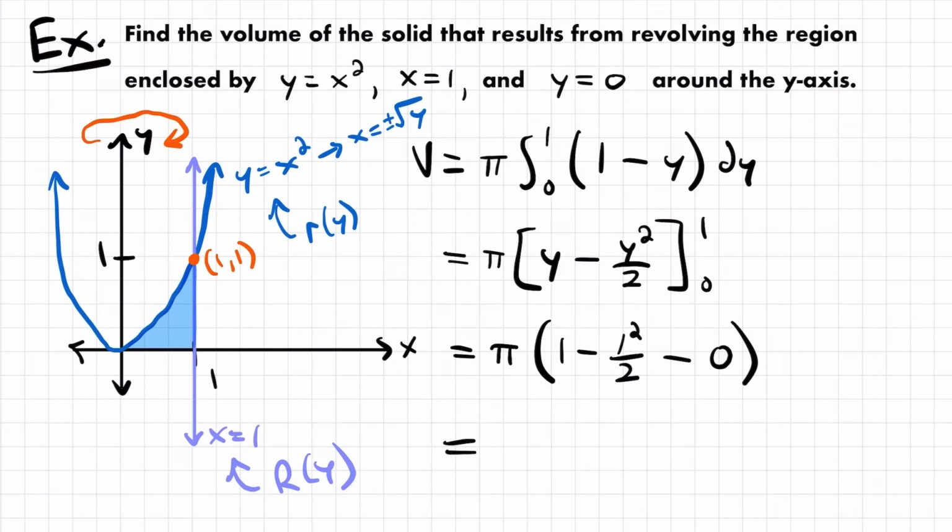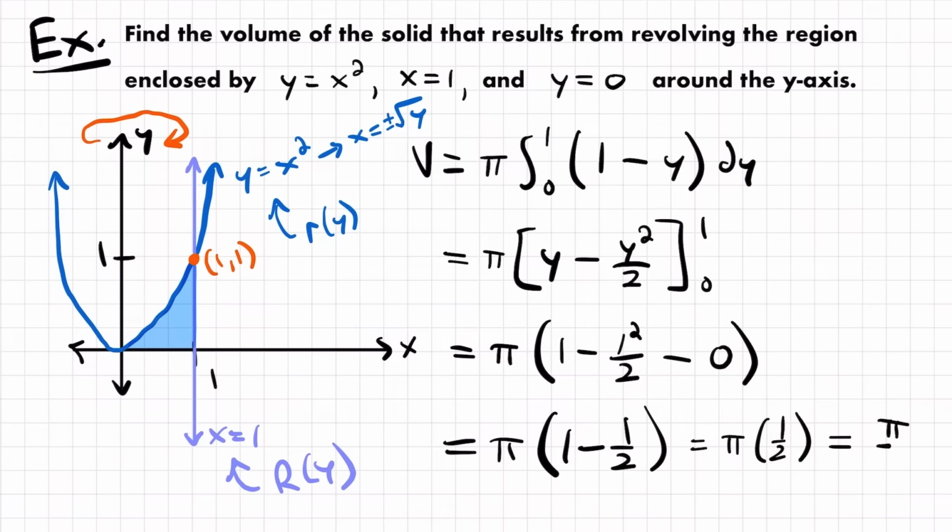Okay, and then this will be equal to pi times 1 minus 1/2, and 1 minus 1/2 is just 1/2, so this is equal to pi times 1/2, which is equal to pi divided by 2. And so pi divided by 2 is the volume of the solid that results from revolving this region bounded by these graphs around the y-axis.